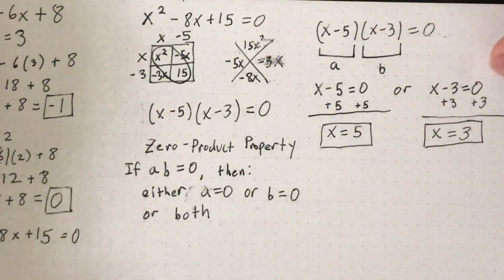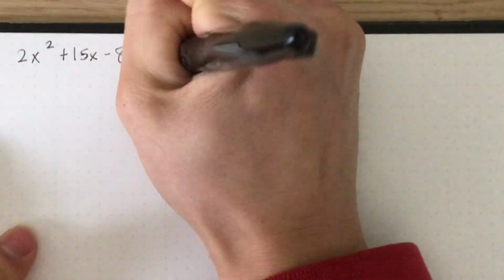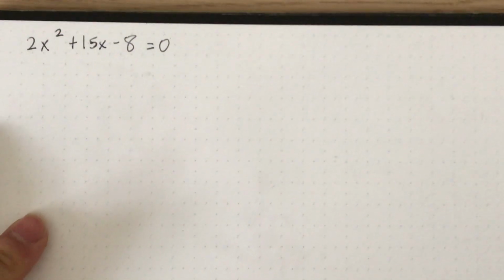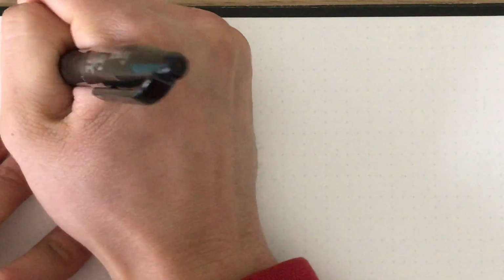Let's do one more problem together. Let's say I gave you the problem 2x squared plus 15x minus 8, and our job is to figure out which number will give us 0 as our final answer. So let's use the Xbox method again.